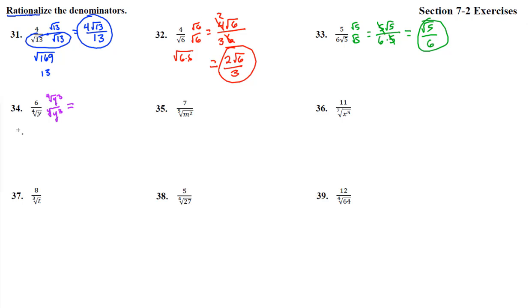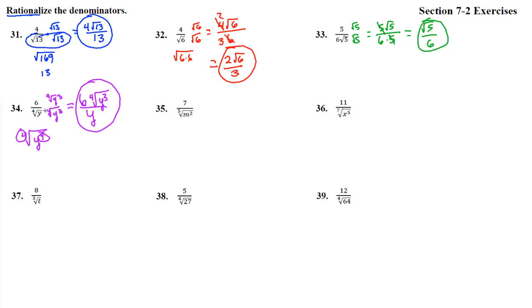And what does that do? Down on the bottom, we would then have the fourth root of y times y cubed, which is y to the fourth. That's the key, making those two things exactly equal so that the fourth root of y to the fourth is indeed a y on the bottom. And this becomes 6 times the fourth root of y cubed. That's where that answer comes from.